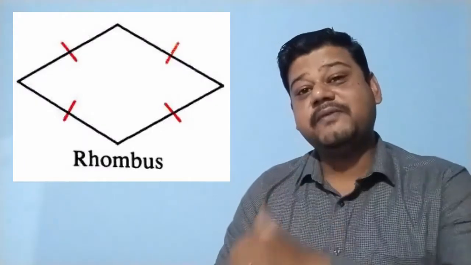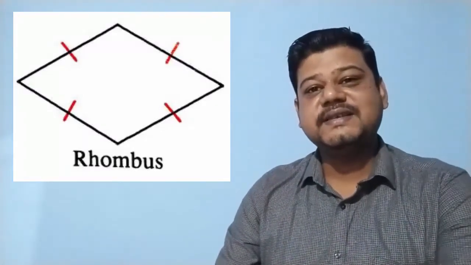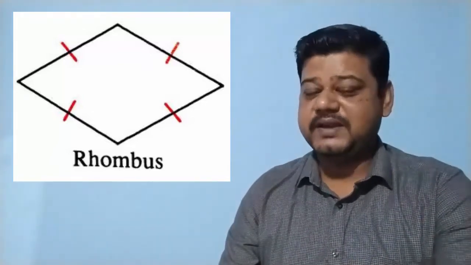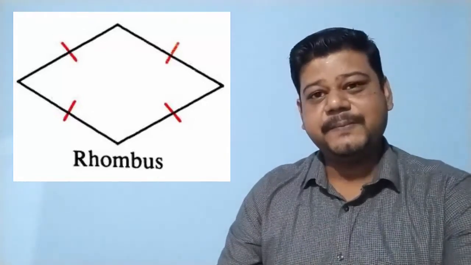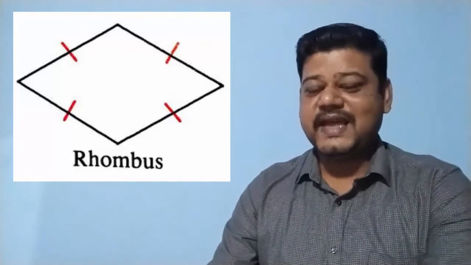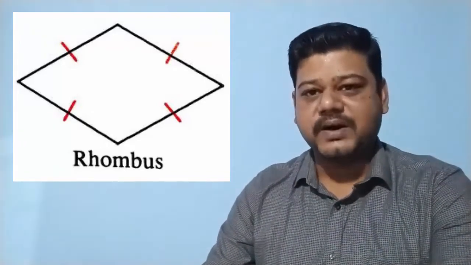Now, if in a parallelogram all the sides are equal to each other, so it means that the pairs of opposite sides are parallel and all the sides are equal to each other, then that quadrilateral will be called a rhombus.